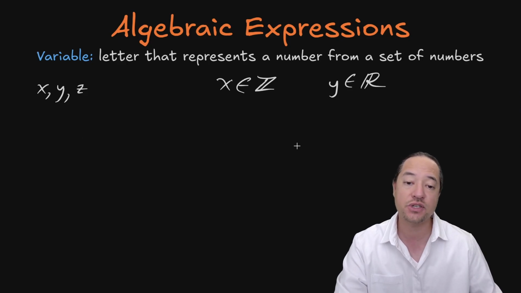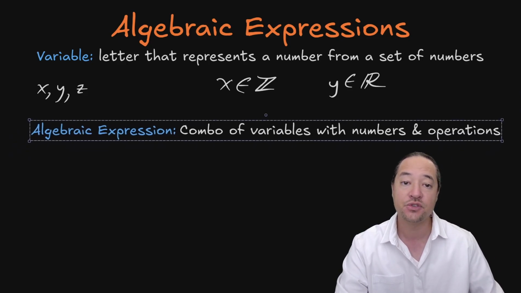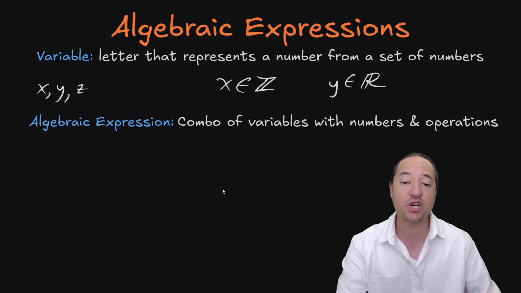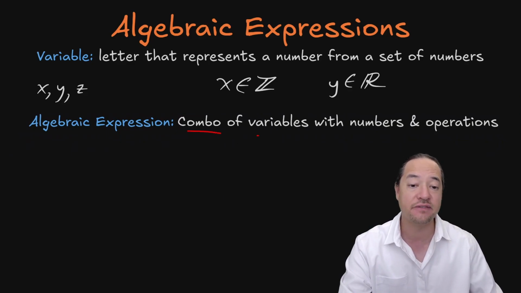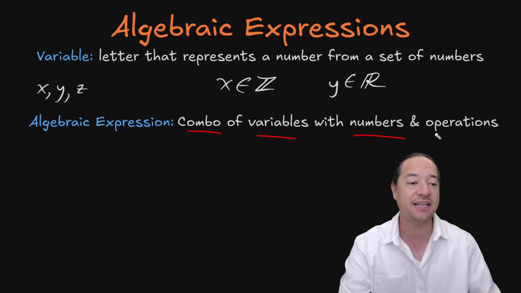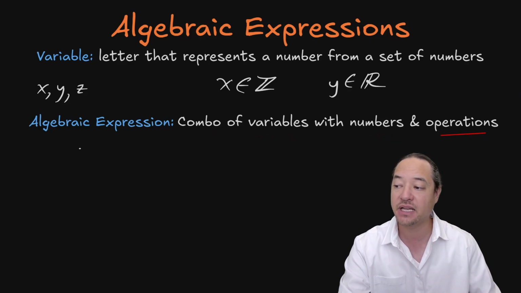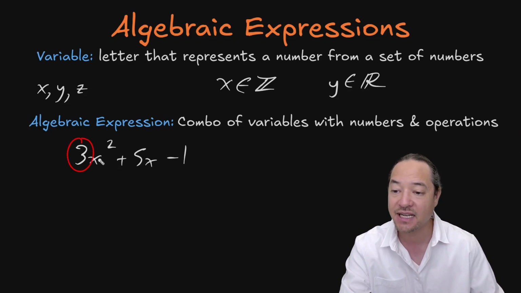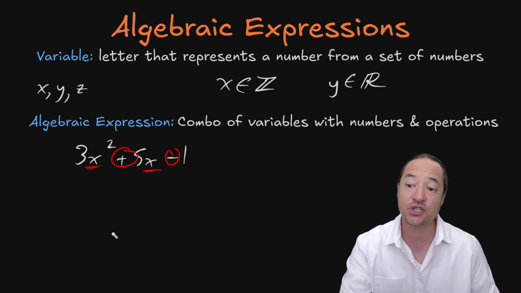So you're going to then want to combine them to create actual algebraic expressions. It's going to be a combination of variables with numbers and operations, right? So for example, we might have something like 3x squared plus 5x minus 1. So I'm combining numbers with variables and then operations, adding different terms together.